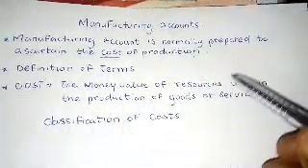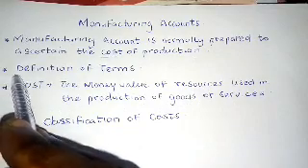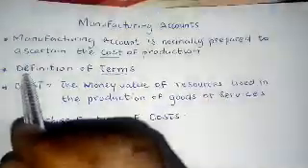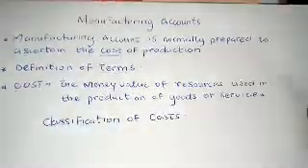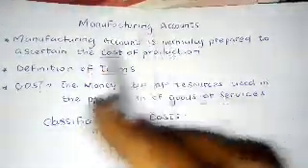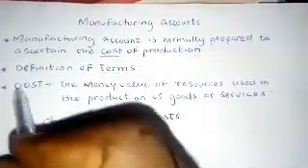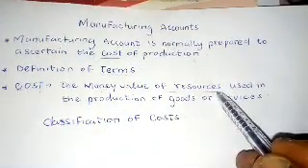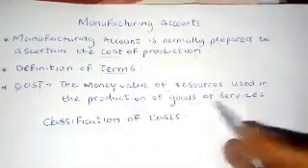Now, to understand the topic better, it is pertinent to discuss the terms associated with manufacturing accounts. So let's look at definition of terms. Number one term that we are going to discuss today is cost, which is one of the common terms in manufacturing accounts. Cost is nothing but the money value of resources used in the production of goods and services.